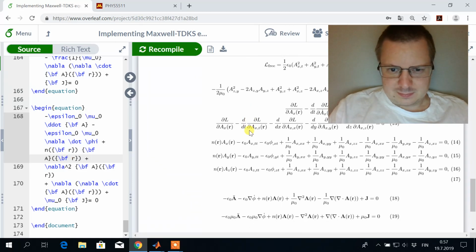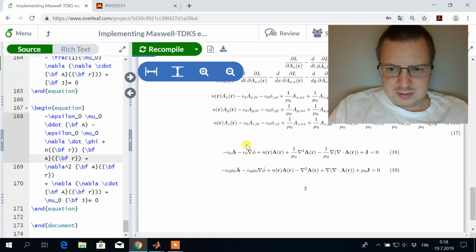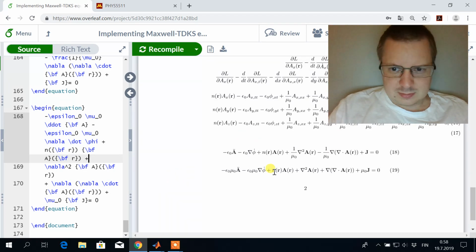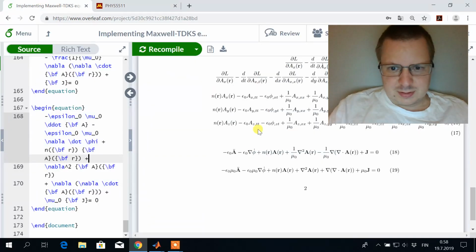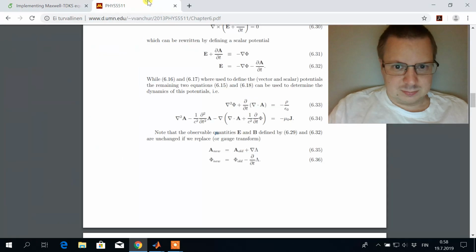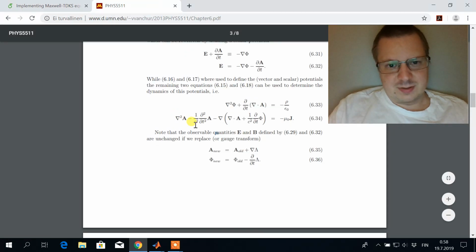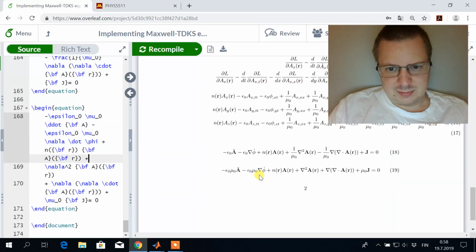Okay. Yeah. So the epsilon 0 mu0, it is the same as 1 over c squared, and that's minus. So that's correct.